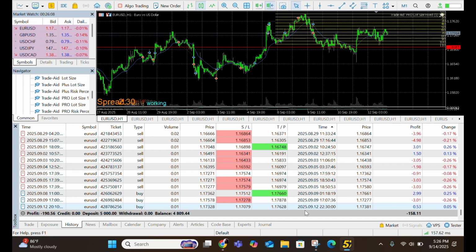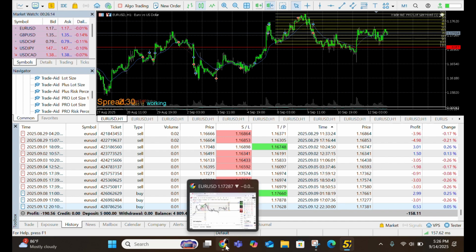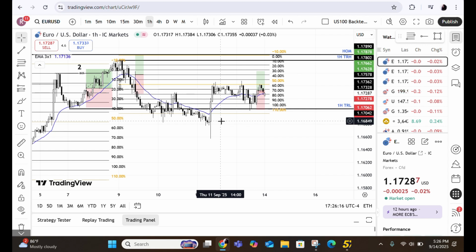So for me, I just prefer to take the easy route and to measure it manually. Although tracking it with different magic numbers for the EA would be more accurate, this is more practical for upkeep and for consistency. So I'm just going to measure it manually.